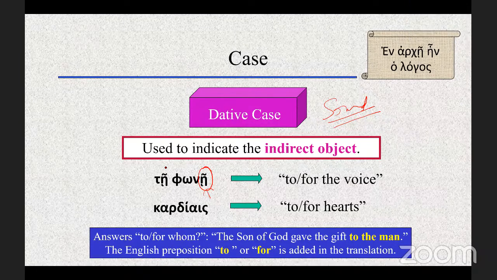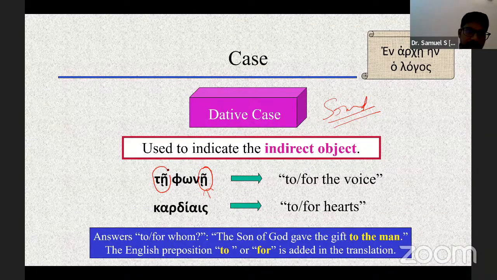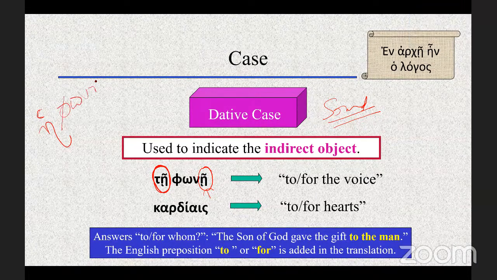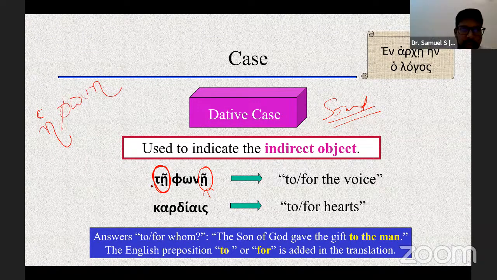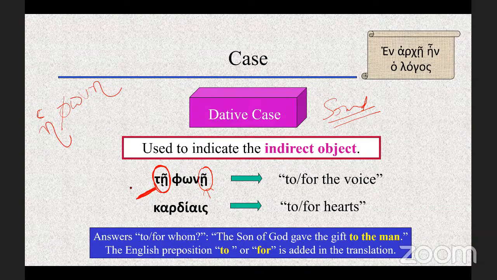Now, what is different is here, the article. Again, we haven't looked at the article yet. We will look at it today. But you remember in the nominative, the article is he. But in the dative, the article is different: te. Great.